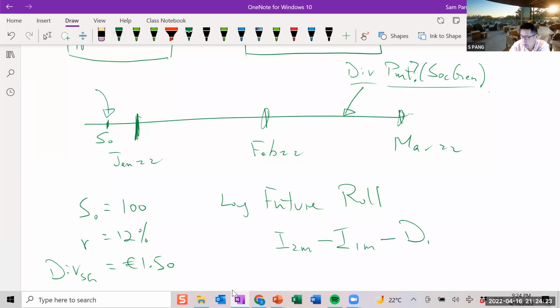And this is equal to $2 minus $1 minus 1.50. Oh, I should be using euros. Okay, so 2 minus 1 minus 1.50 is minus 50 cents. So if you went long at around here, then you will be paid this amount of money.